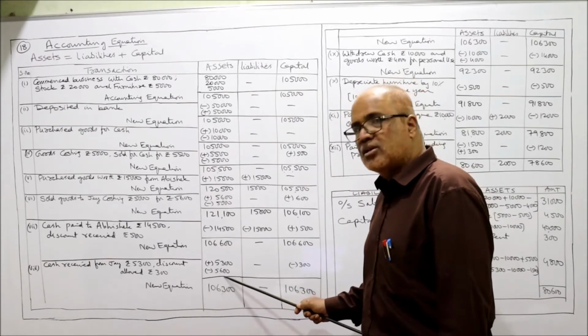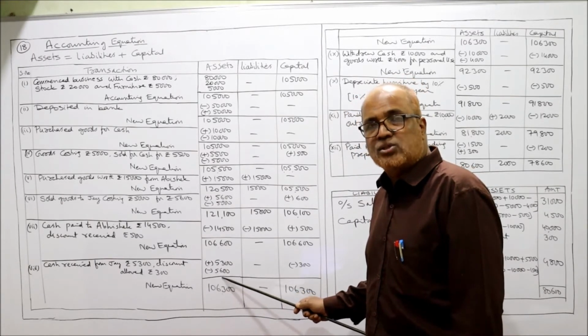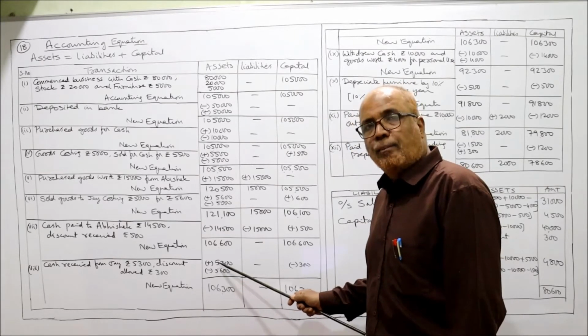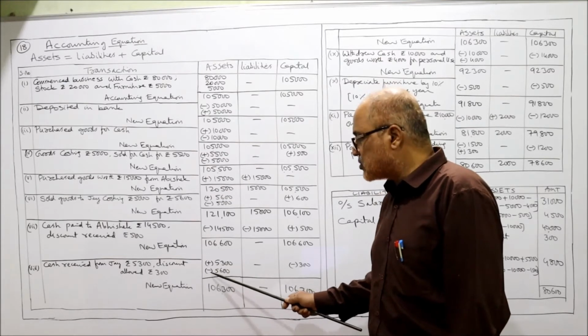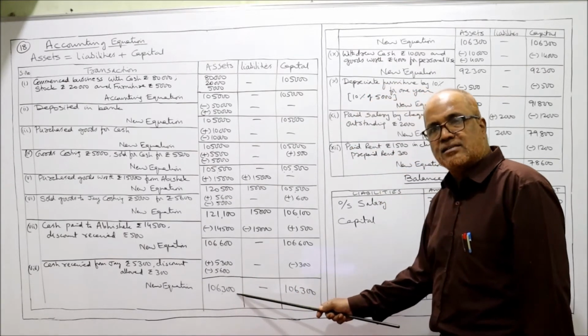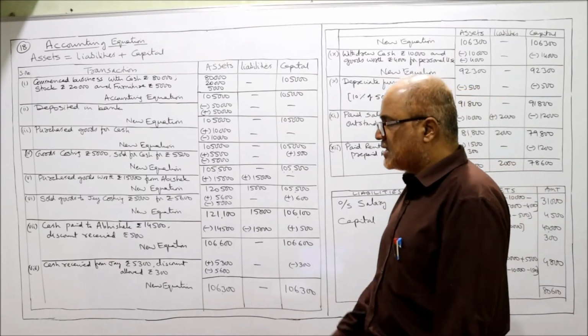Minus 5,600, so debtor will decrease by 5,600 and cash we are getting 5,300. So plus 5,300 minus 5,600. So total is 1,06,300 assets and 1,06,300 capital. No liability. This is the new equation.